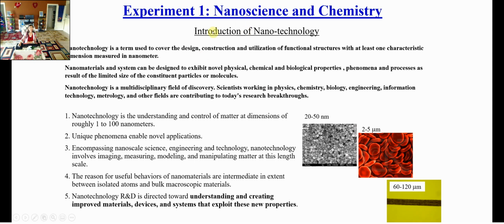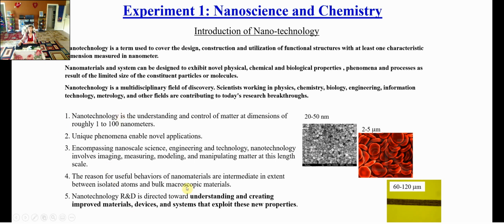Briefly about nanotechnology. You need to know nanoscience and technology is a multidisciplinary field. This term is used to cover design, construction, and utilization of functional structures where at least one dimension is in the nano size. Nanotechnology is critical because it is going to provide understanding and control of matter in at least one dimension within 100 to 1 nanometers.